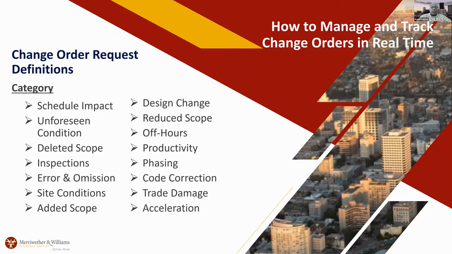You have to be able to get a cost for demobilizing and mobilizing back and forth. Errors and omissions is more on the design team, so you'll see a lot of those. And then acceleration, if they get behind schedule or they want an early end date. So having these categories will also help you manage your change orders. Next slide, please.